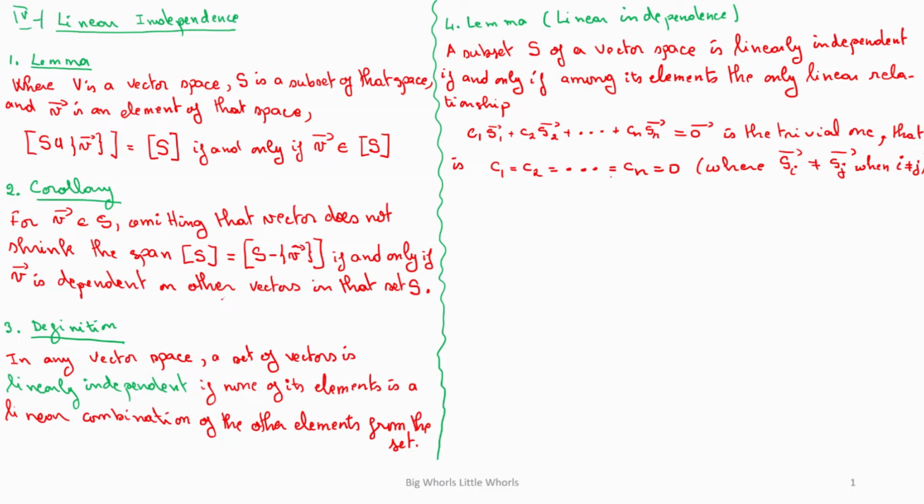So basically, a subset S is called linearly independent if the only time we can take the linear combination of its vectors and get zero is when the scalars are 0. So that means the set is linearly independent, and we cannot write any vector as a linear combination of other vectors.